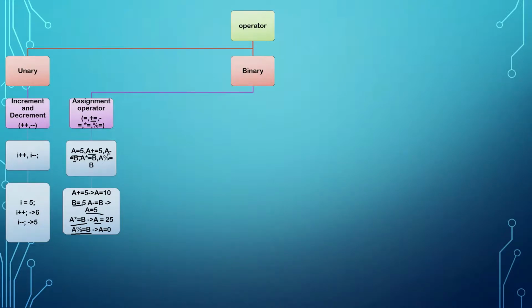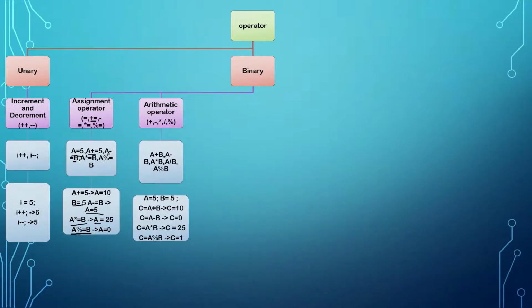We assign some values to a variable. The next is the arithmetic operator. The arithmetic operations are addition, subtraction, multiplication, division and remainder, that is the mod function. Here it operates on two variables and we assign the result using an assignment operator to another variable.